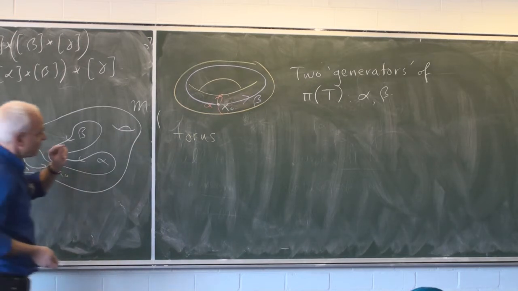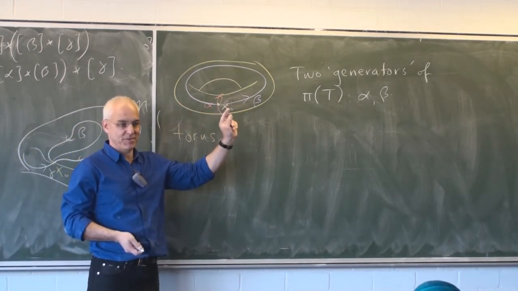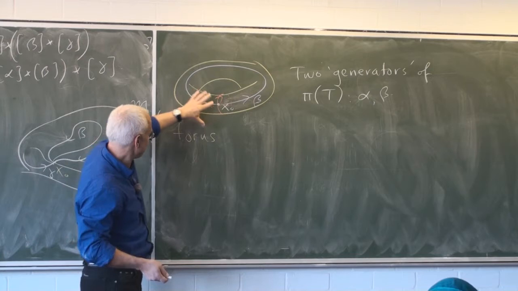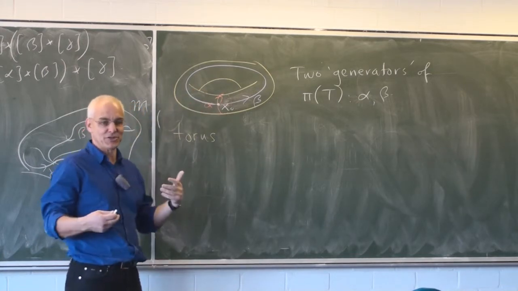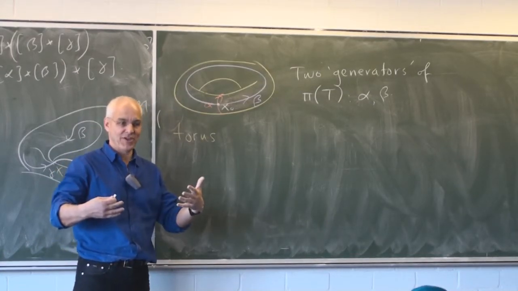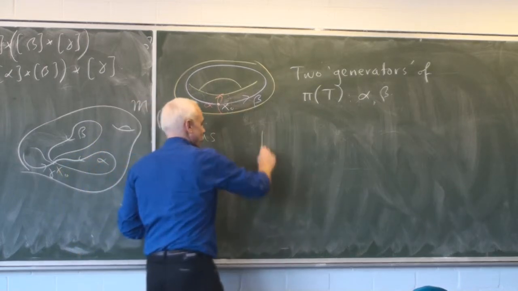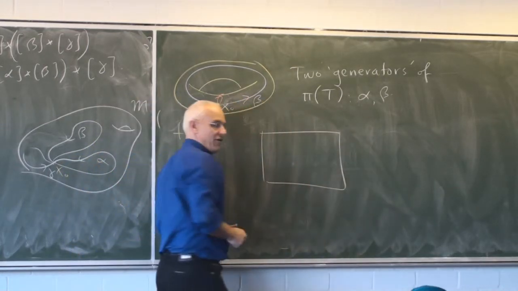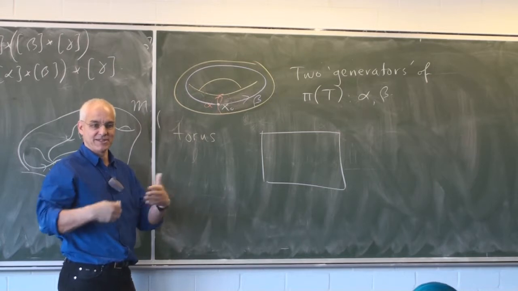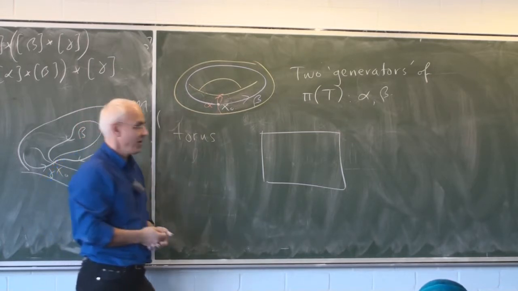Now it turns out that there's a relation between alpha and beta, which, okay, you can see from this diagram, but it's a lot easier to see if we open up the torus and use our standard model of it as a square with opposite sides appropriately identified.